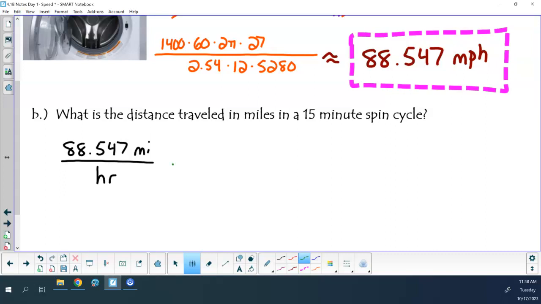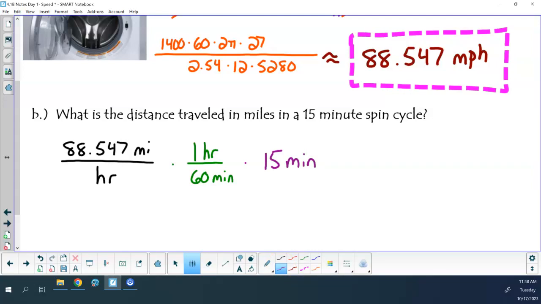We could go that 1 hour is 60 minutes, and then multiply by 15 minutes, because that's how long it was.